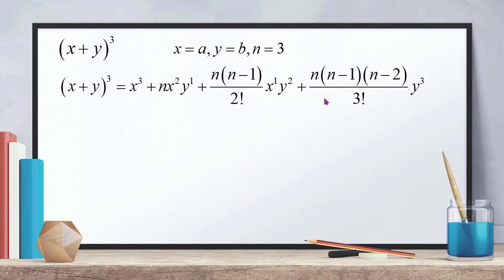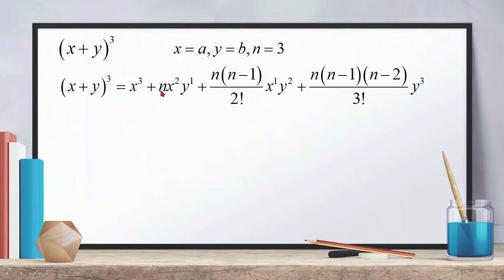We'd have x to the power 0, which we haven't included because x to the power 0 is 1. And y is raised to the power 1, and then we keep increasing to y to the power 2, and finally y to the power 3. Remember, we cannot go to y to the power 4 because the maximum power here is 3.